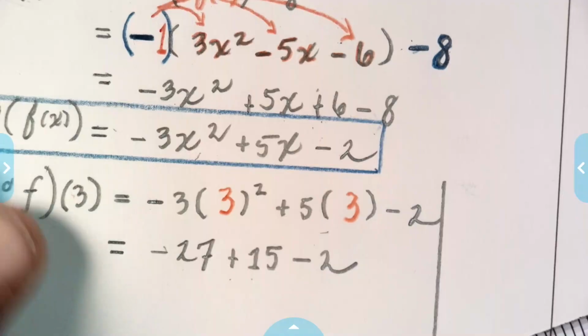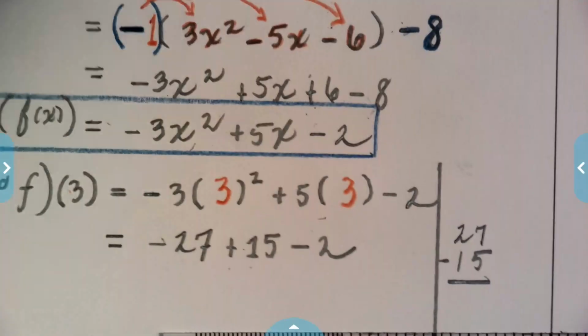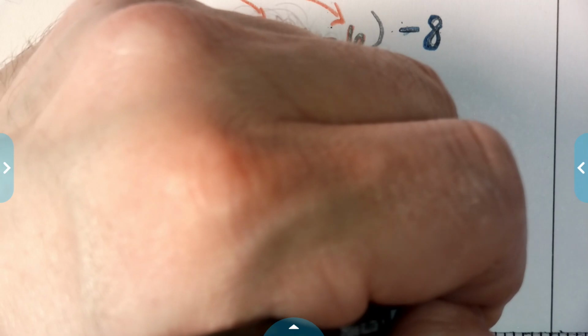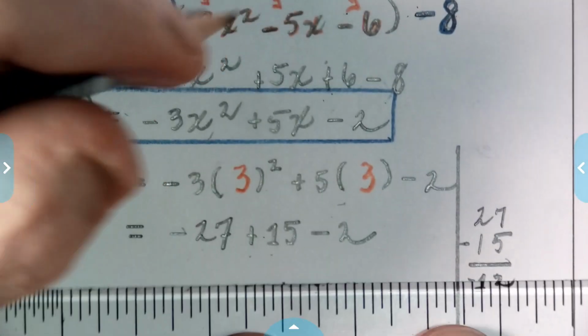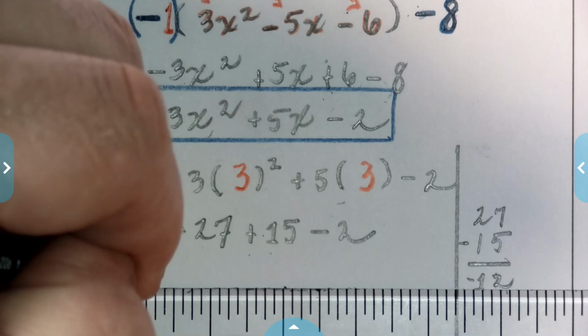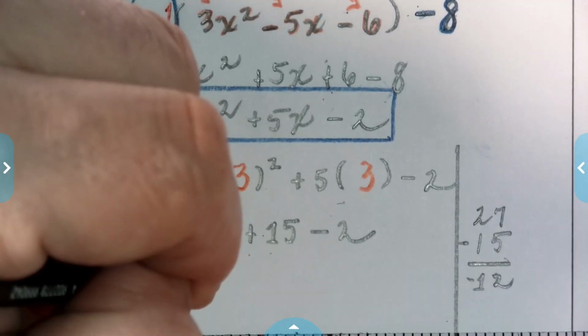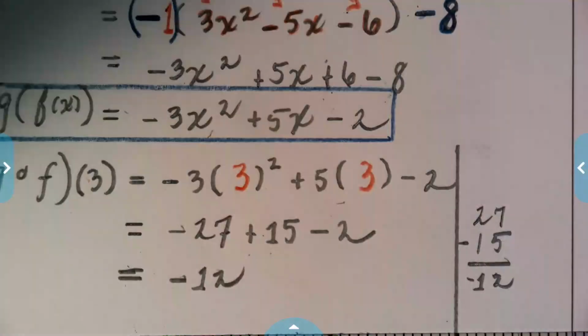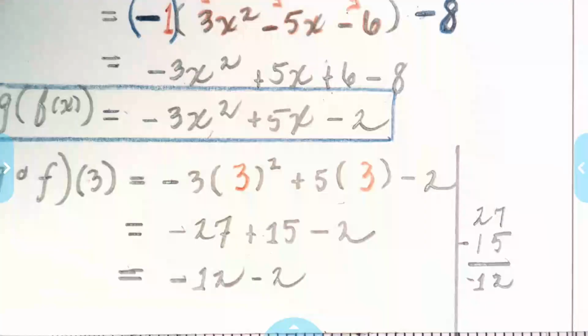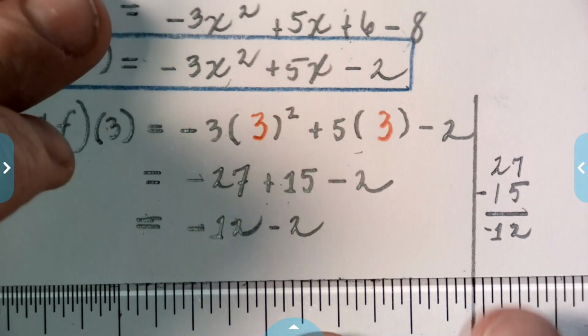I say 27 minus 15. At 27 minus 15, the result's going to be negative. 7 minus 5 is 2, and then 1, and it's negative. So I have -12 minus 2. Okay, and that's going to be -14.